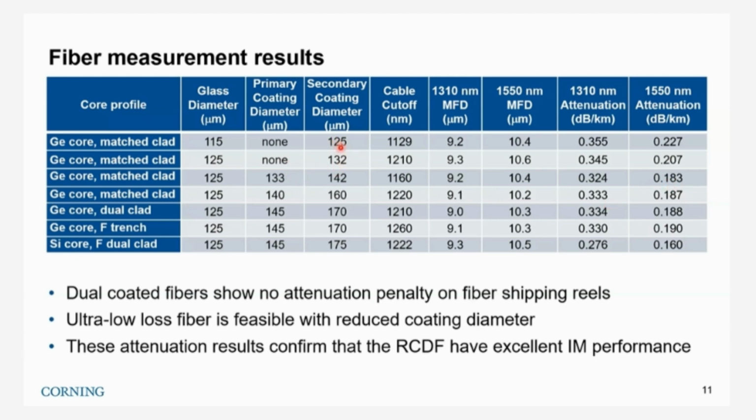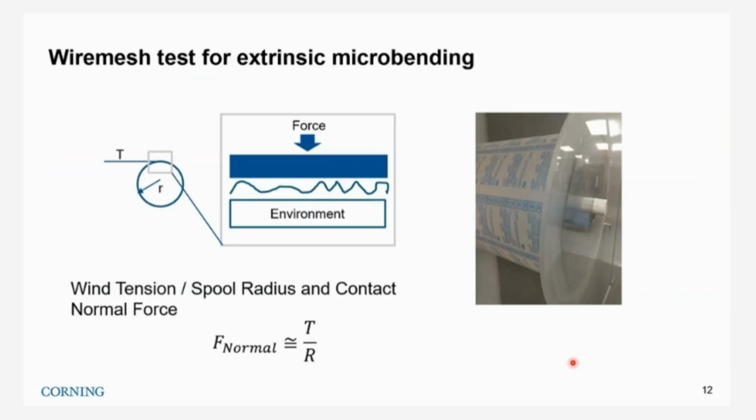For the single coated fiber, with only a single layer of coating, the attenuation is slightly higher, but it's still low enough for short reach applications. So the attenuation test on shipping reel confirmed that the RCDF fibers have excellent intrinsic microbending performance.